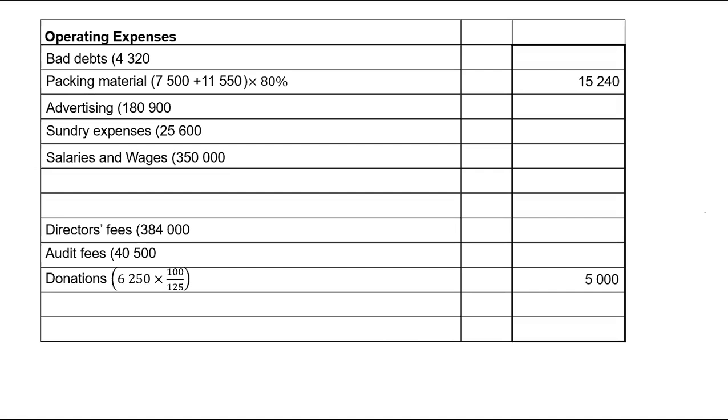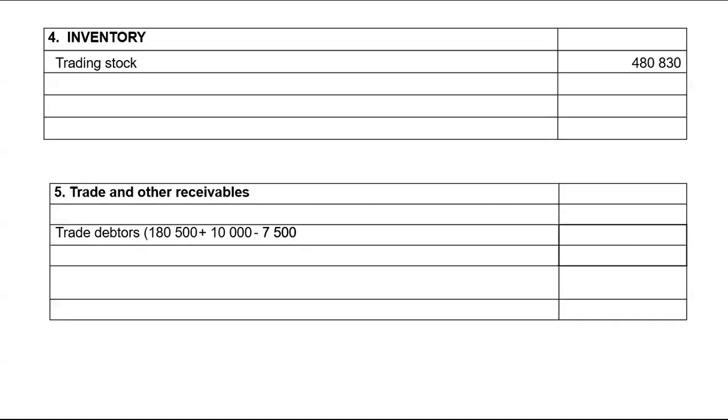The unused, we are going to record it in the inventory note as consumable stores on hand, which is a current asset. So this is consumable stores on hand, and that will give us our total inventory. We're done, just like that.